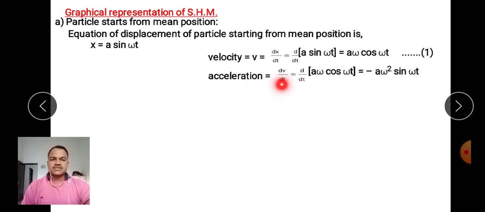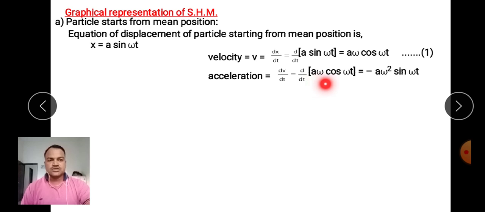Similarly, acceleration is nothing but the rate of change of velocity. By using the value of velocity, v is equal to a omega cos omega t, in the formula dv upon dt, the derivative of a omega cos omega t is minus a omega square sin omega t. A omega remains constant, a is amplitude, omega is angular velocity.